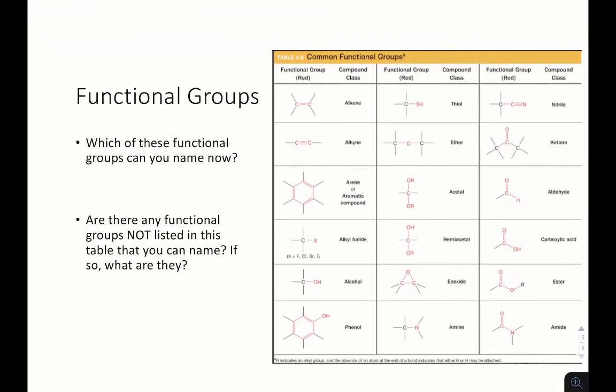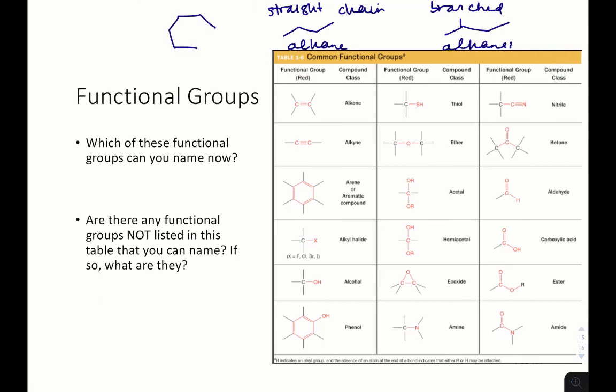All right, what can we name now? Let's summarize and be done. We can name straight chain alkanes, with no functional group. We can name branched alkanes. We can name cycloalkanes, with some group on it.